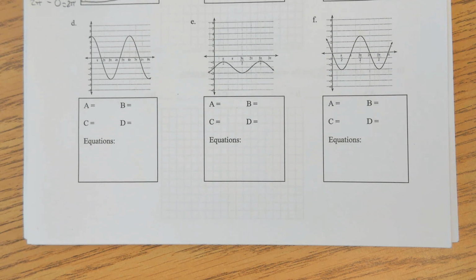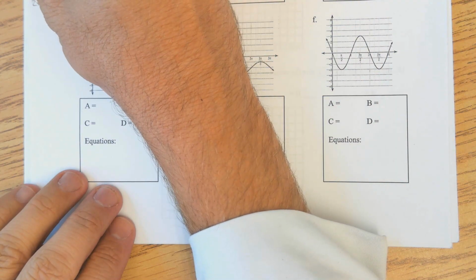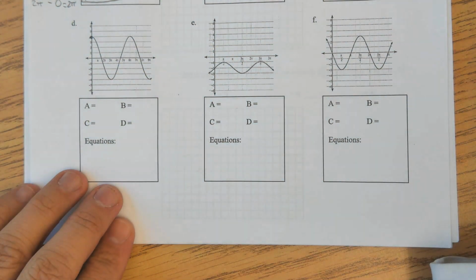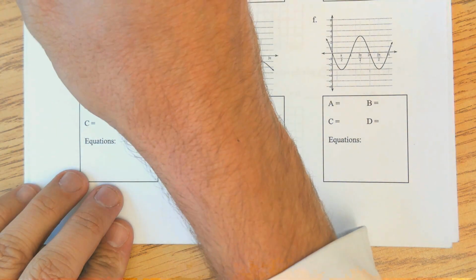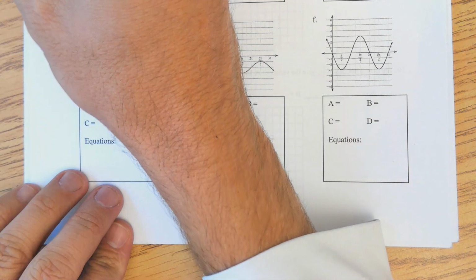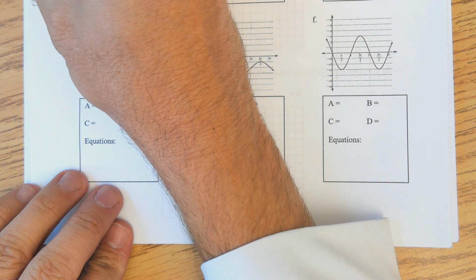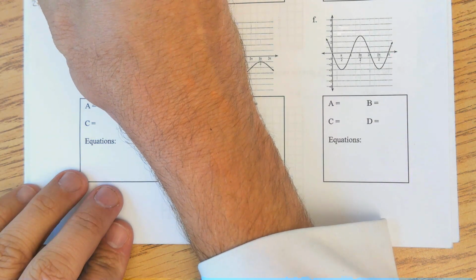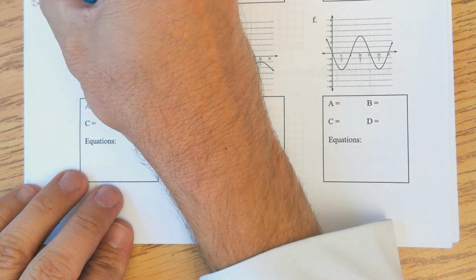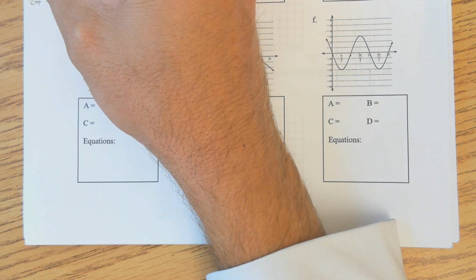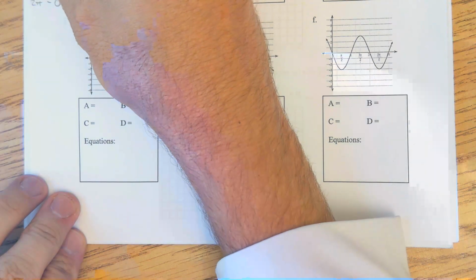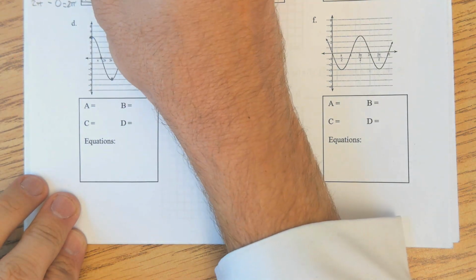So look where we're starting here. We're going to start at the max up there. So we've got middle, min, middle, max.